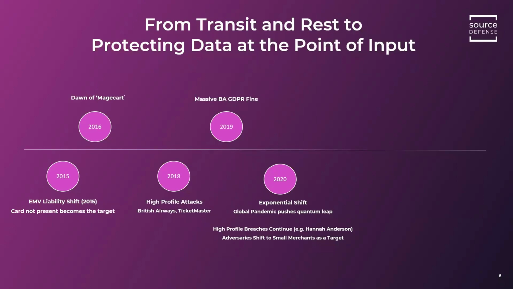At the same time, all of this was happening, in 2018, 2019, there was a lot of focus being given to the Magecart conversation and to the e-skimming conversation. But right at that pandemic shift, the whole world sort of collapses around us.